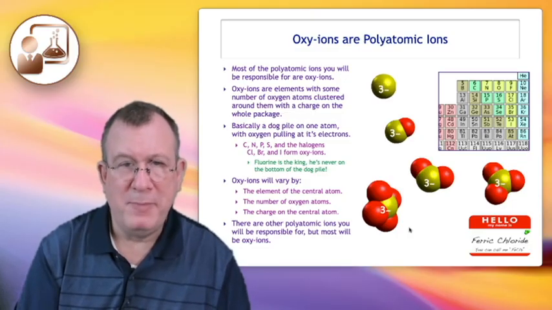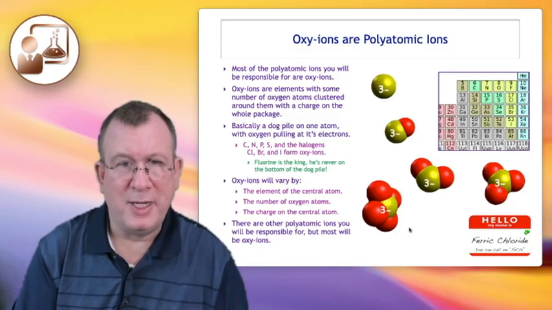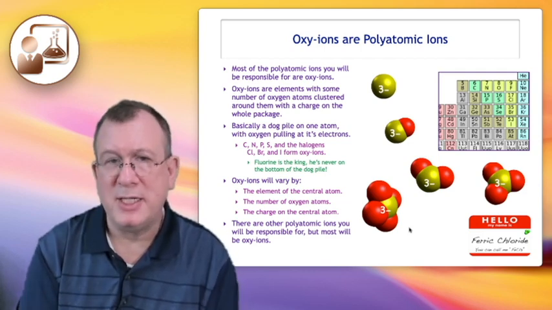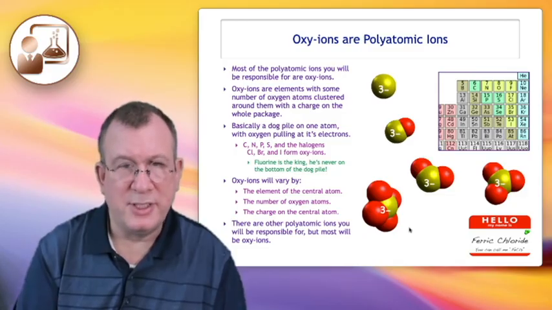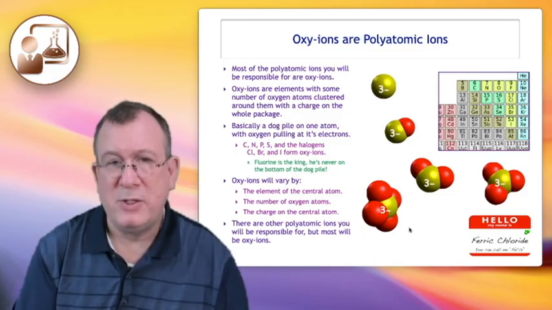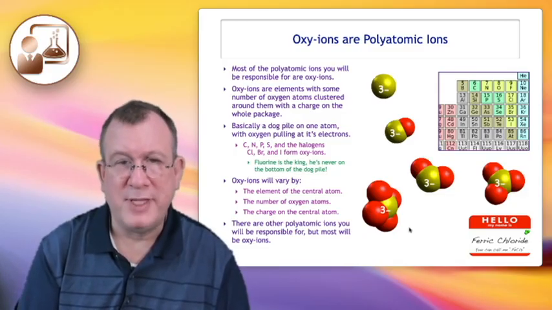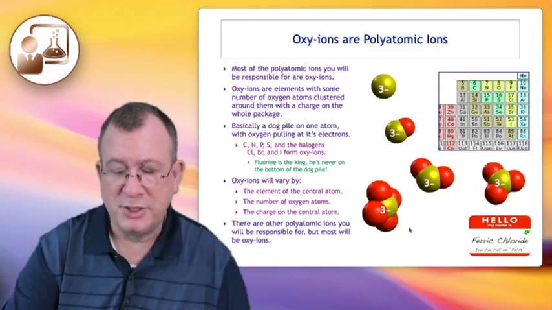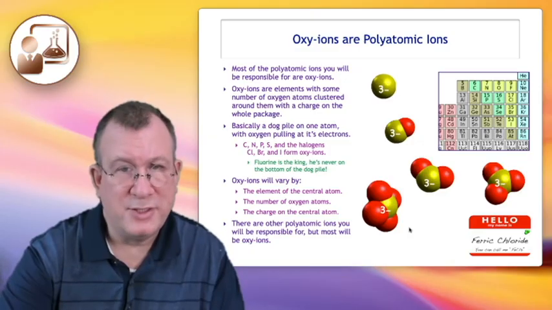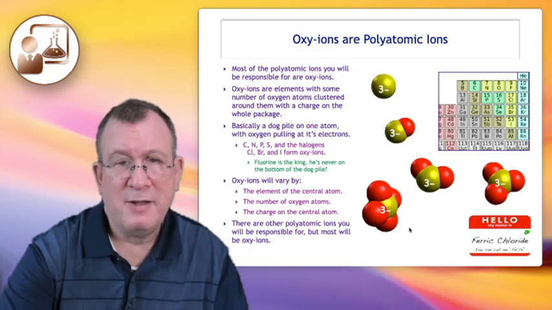If you see many of the polyatomic ions as being this situation, an underlying monatomic ion that then gets oxygens layered on top of it, it'll be easy to always predict the charge for that polyatomic ion, because in most cases it's just the charge of the underlying monatomic ion.